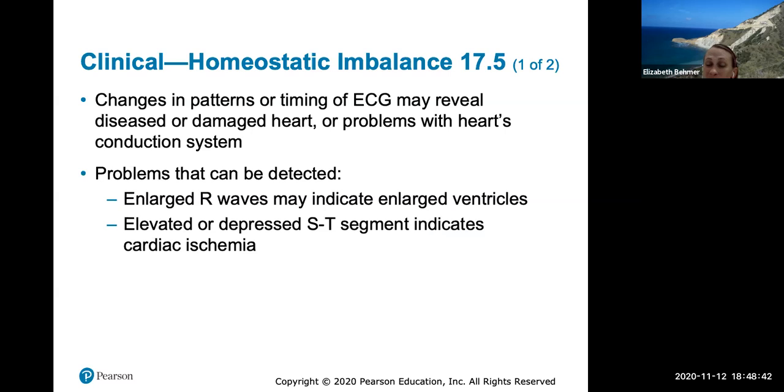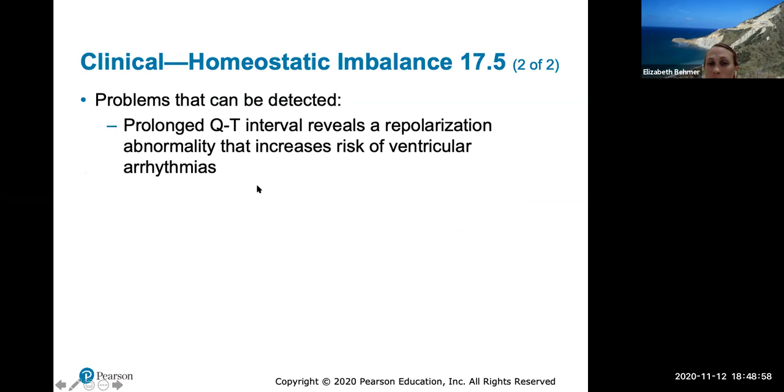Enlarged R waves may indicate enlarged ventricles, for example. An elevated or depressed ST segment will indicate a cardiac ischemia, which could lead to a myocardial infarction, or a heart attack. More problems that can be detected: a prolonged QT interval reveals a repolarization abnormality that will increase the risk of ventricular arrhythmia.